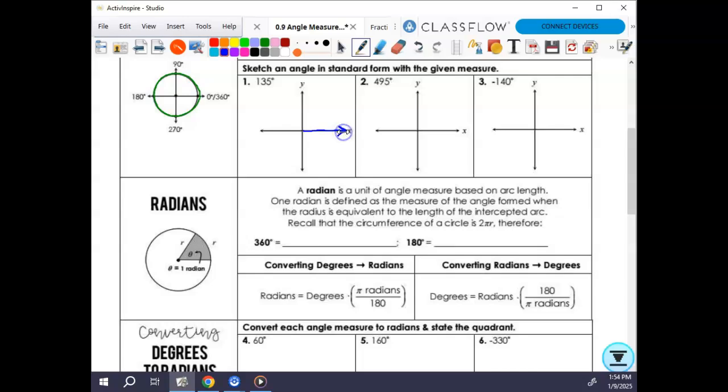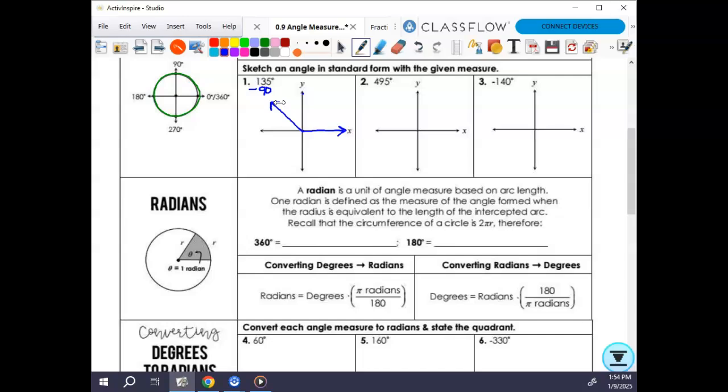If I go from here to here, that is 90 degrees. I'm going to subtract 90 from this so I know how much farther I need to go. So what's 135 minus 90? 45. So each quadrant is 90 degrees, so 45 is halfway, so we're just going to do our best to aim for halfway, like so.